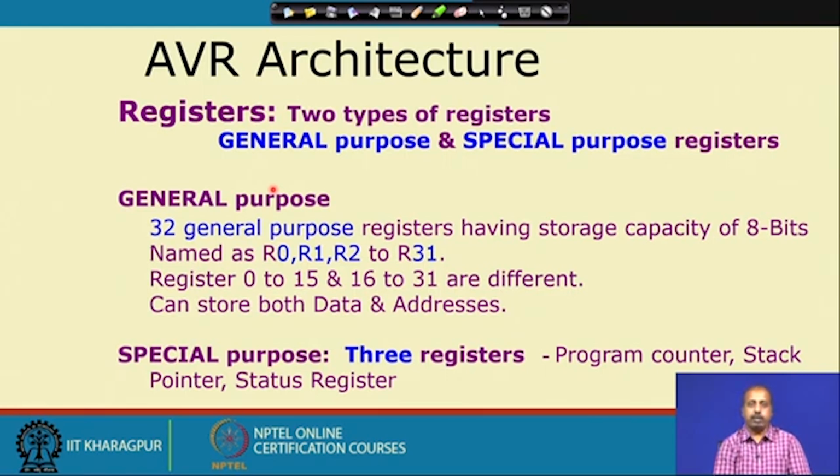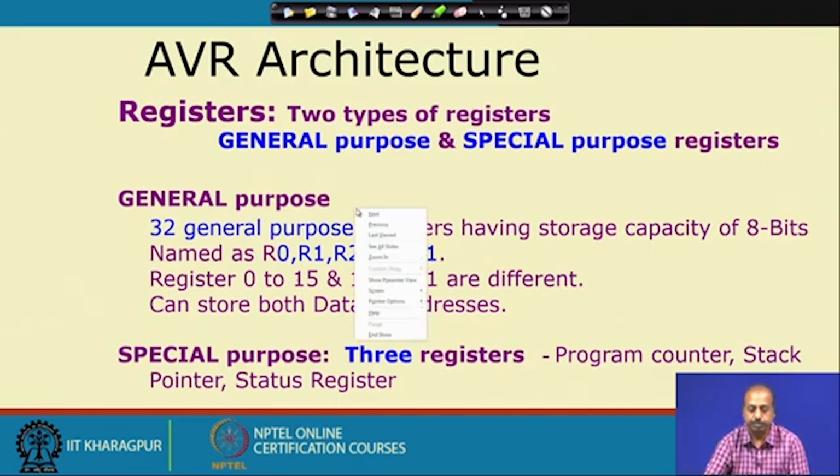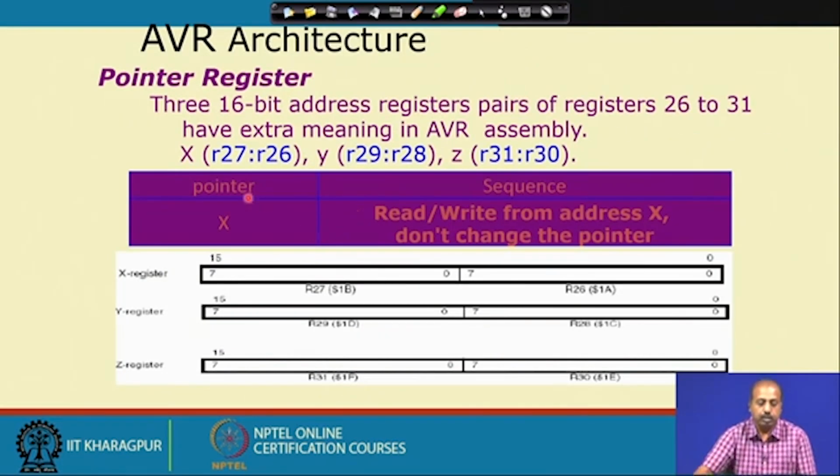And there are three special purpose registers: program counter, stack pointer and status register. These are the special purpose registers that we have in the AVR architecture. Then the pointer registers. There are three additional 16-bit register pairs, registers 26 to 31. They are called X, Y and Z pointers.